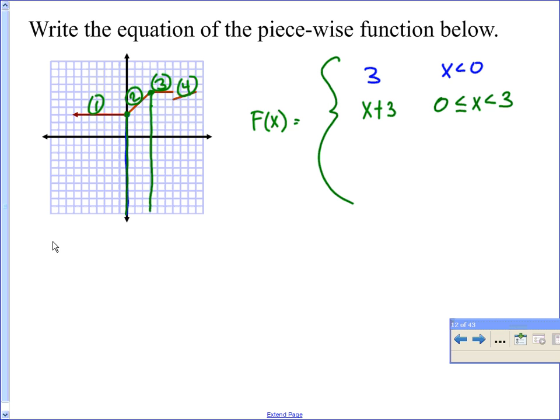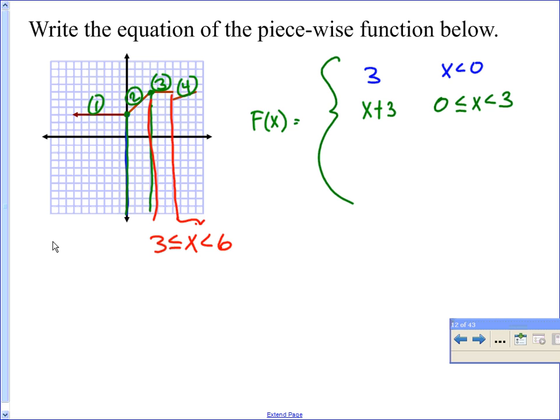Now we're going to find our third equation. It starts right here at 3 and goes to 6. So x is between 3 and 6, and we're going to set it up basically the same as last time, including the 3 and not including the 6.